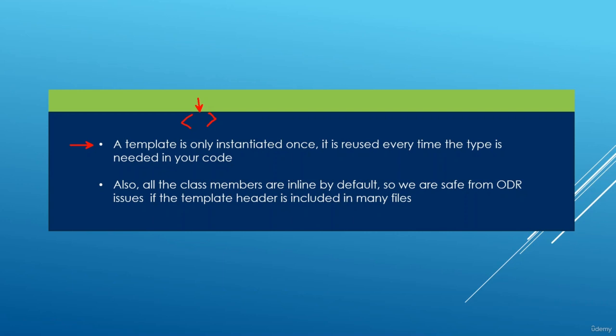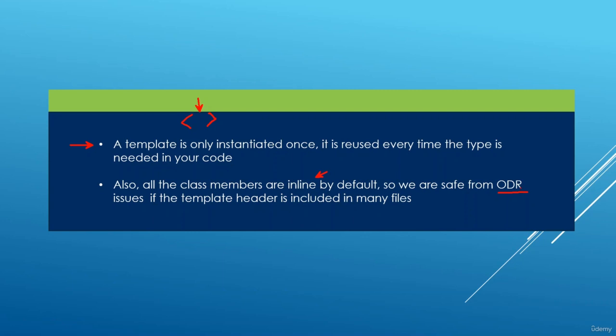Another thing is that class template members are inline by default to avoid any ODR violations if the class is included multiple times in our program, because we know that a definition can't really show up multiple times in a single C++ program. If things are not inline, you would be violating ODR because you would be having all kinds of crazy instances for your type spread across your program, and that would be a mess.